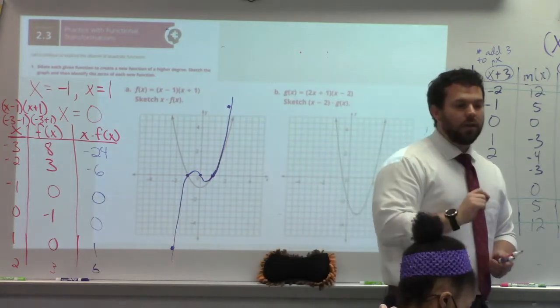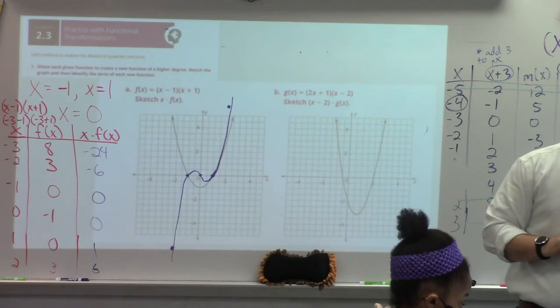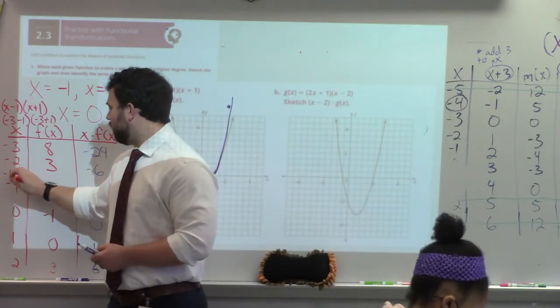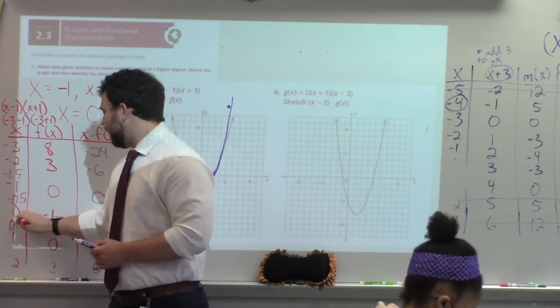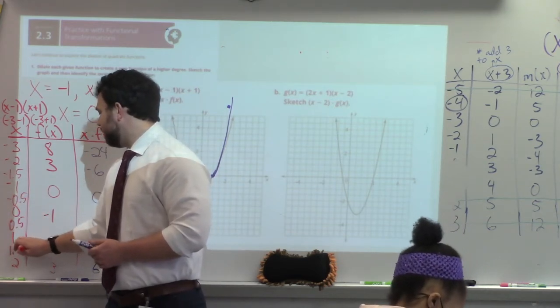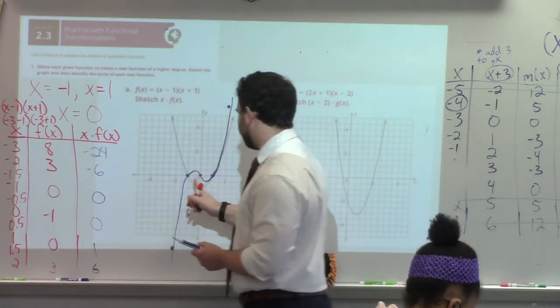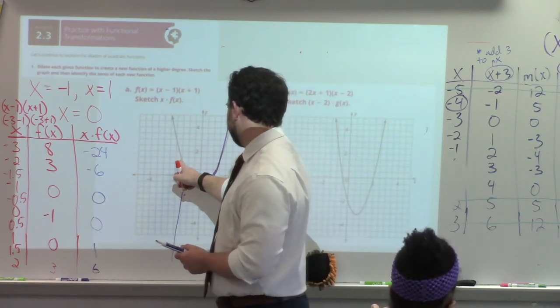And if you were one of the students who took the time to go by halves, you already knew that. Because you could have done -1.5 here, -0.5, 0.5, and 1.5. And I don't remember f of x for -1.5. Is that 1.75? No, 1.25.